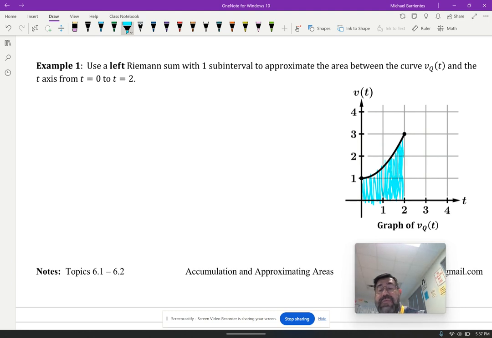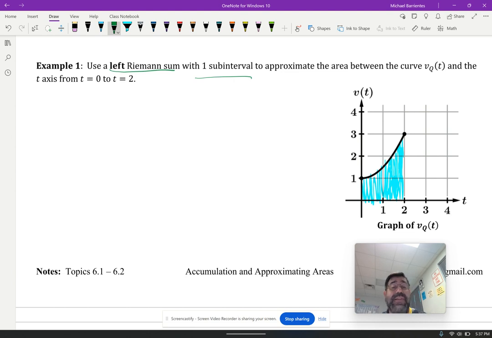And as we notice that we can't use a geometry formula, we're going to use a left Riemann sum with one subinterval to approximate the area between the curve and the x-axis, or in this case, the t-axis, from t0 to t2. One subinterval. So we're only going to treat this as one big rectangle.